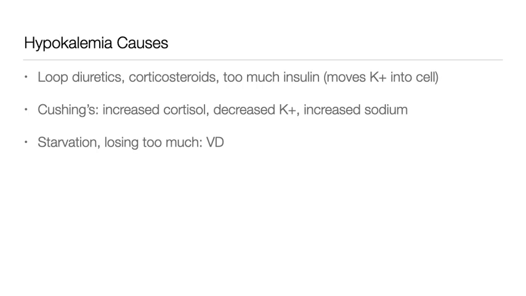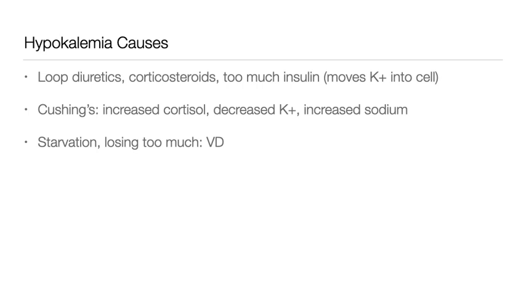Hypokalemia, when we have not enough potassium, can be caused by potassium wasting diuretics, furosemide, corticosteroids, maybe too much insulin. Glucose brings potassium into the cell as well, so we might lose potassium from our surrounding fluids.